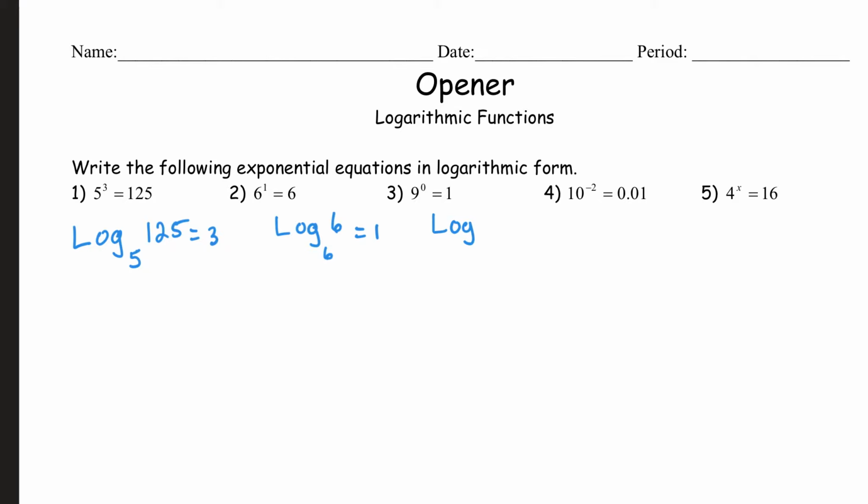Log base 9 of 1 is equal to 0. Log, there's a common log, of 0.01 equals negative 3. And then the last one is log to the base 4 of 16 is equal to x.